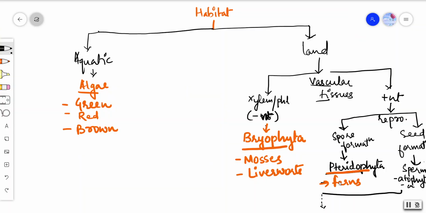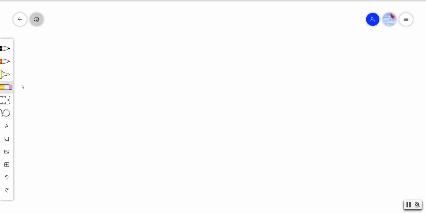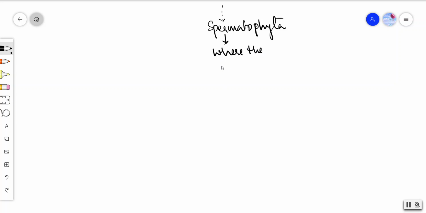which we are going to see. So in the next sheet, let me rub this. Spermatophyta. And after that we are going to take one more here, that is where the seeds are.